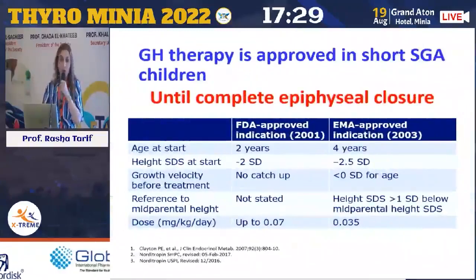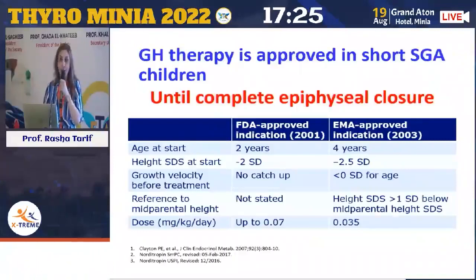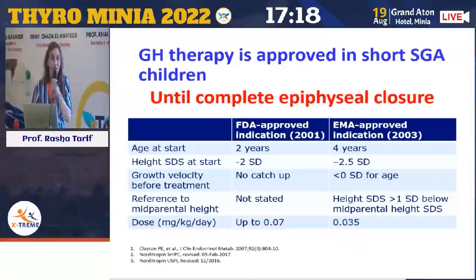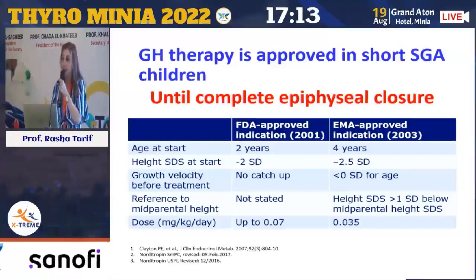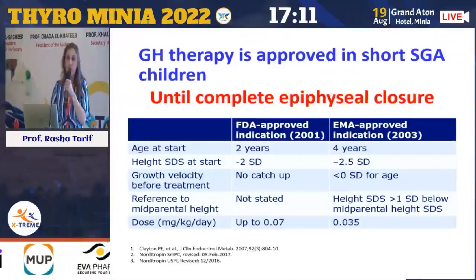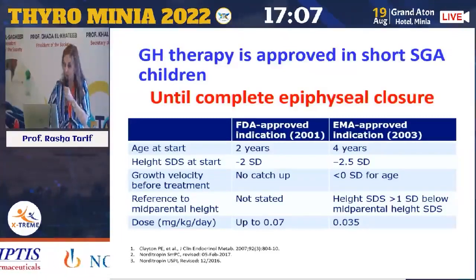And growth hormone is approved both by FDA and Europe until complete epiphyseal closure. And you can see that there is a debate on the age of start. FDA recommends starting at the age of 2 years, while EMA recommends starting at the age of 4 years if the baby did not catch up the height by this age.